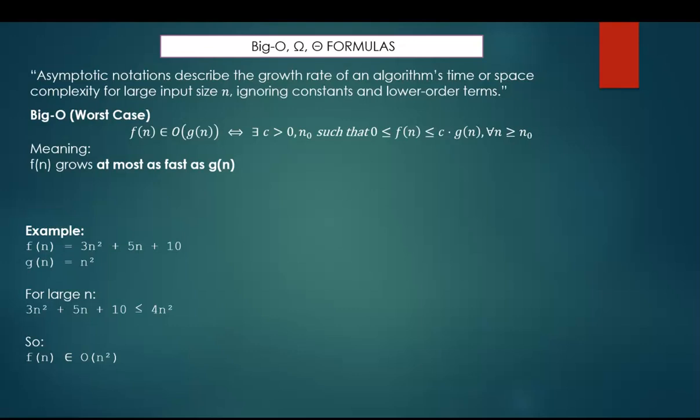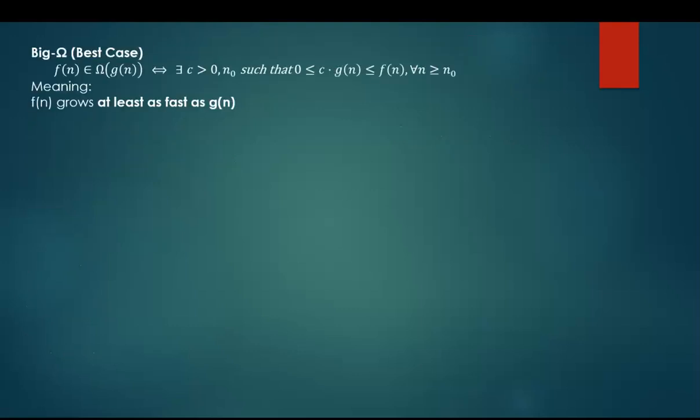F of n belongs to big O of g of n. Right? Done. So this is for the first case. Now let us understand the formula of big omega. So what does this mean? Big omega gives you the lower bound.